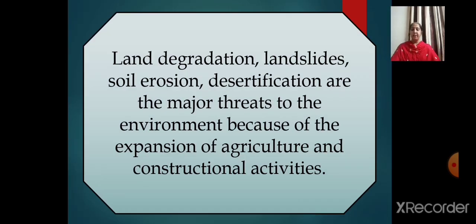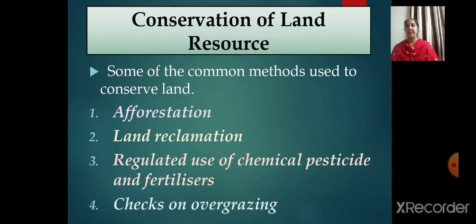Now land degradation, landslides, soil erosion and desertification are the major threats to the environment because of the expansion of agriculture and constructional activities. When we know there is a threat to the environment, then we need to adopt measures to conserve that land resource, right?